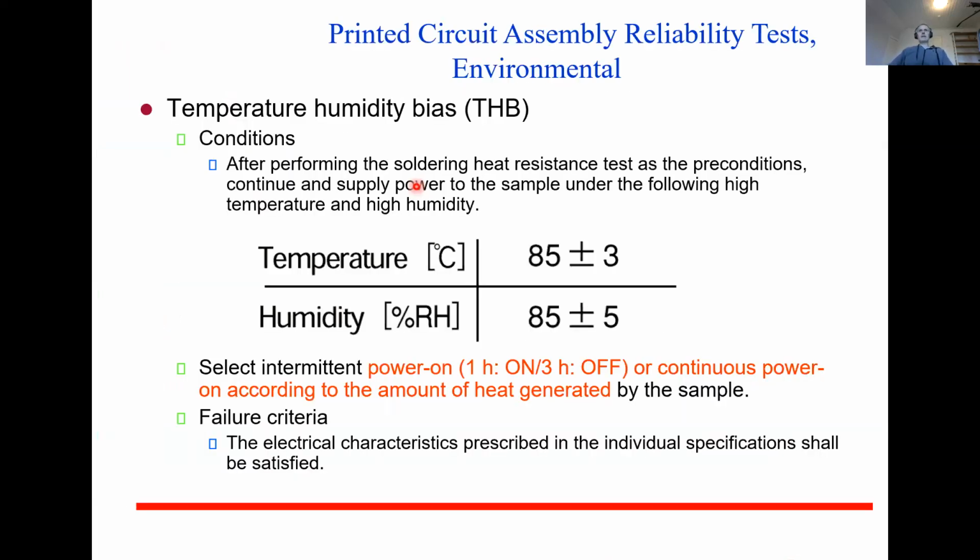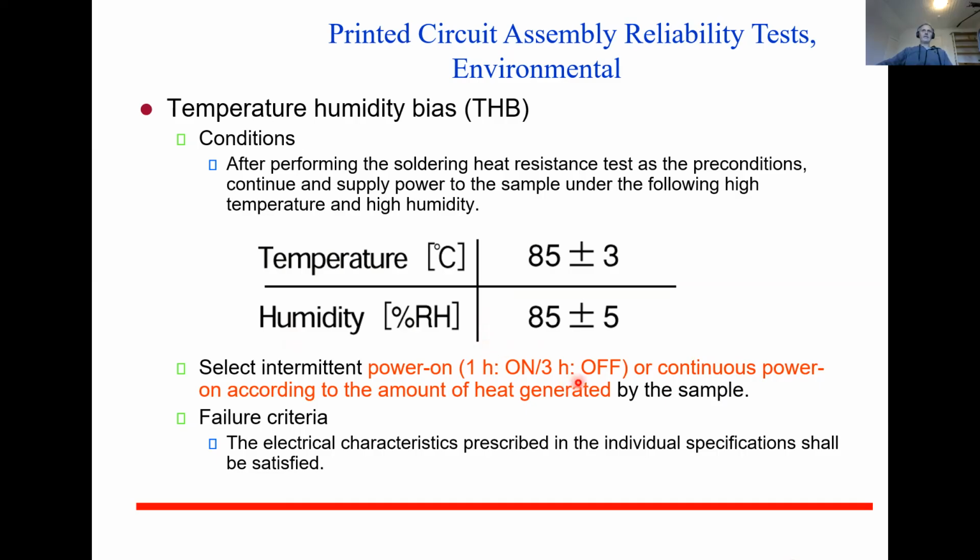So as I said, this kind of test has been around for at least 50 years already. The point is that typically you have quite high temperature and high humidity, and then you either have constant power on or cyclic power on, depending a little bit on how much power loss your product is generating.